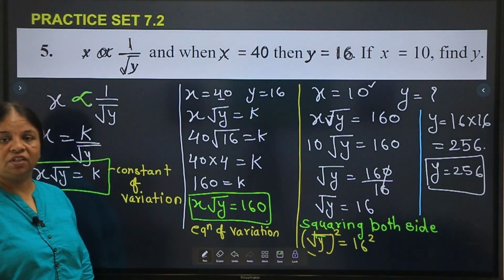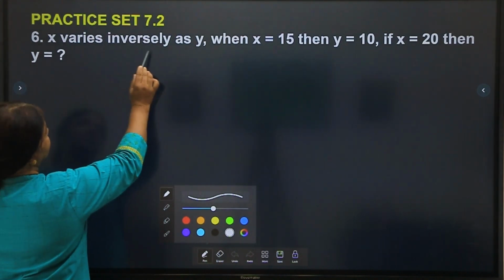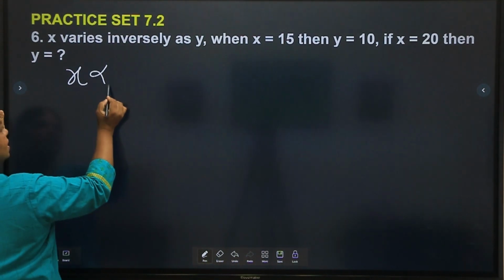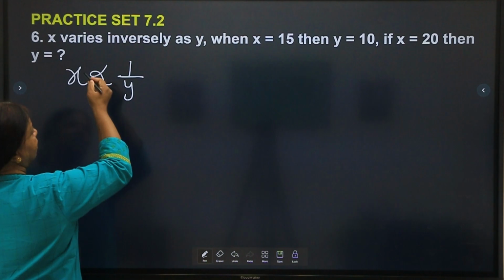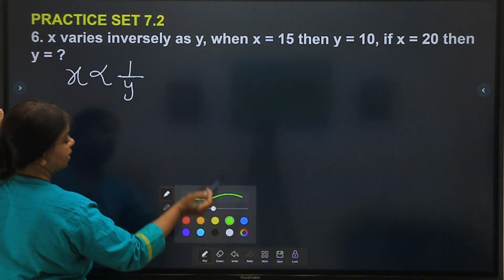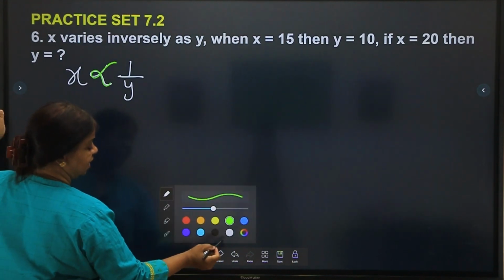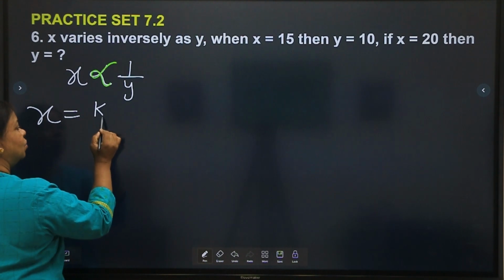Now let us move to the next question, children. x varies inversely as y. If inverse variation is there, immediately children, you know we have to remove this inverse variation sign and put equal. So x is equal to k upon y.